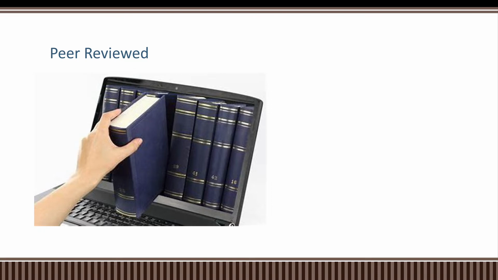And these reviewers specialize in the same topic area as the author, and they're considered peers. That's the term peer-reviewed. These reviewers review the quality of the article. If they consider this article appropriate and scholarly and valid and rigorous, they will accept it.